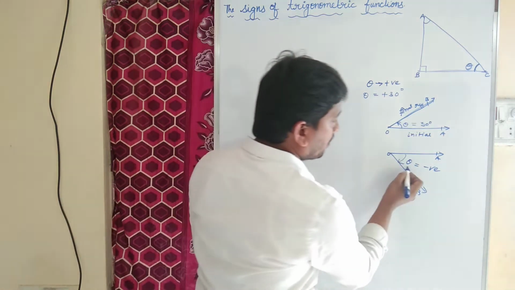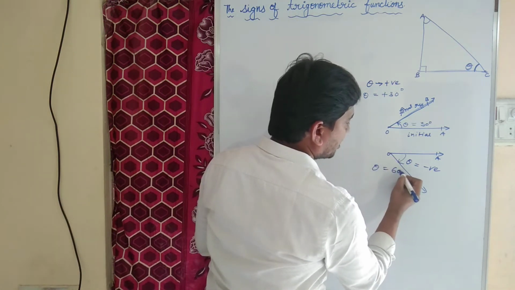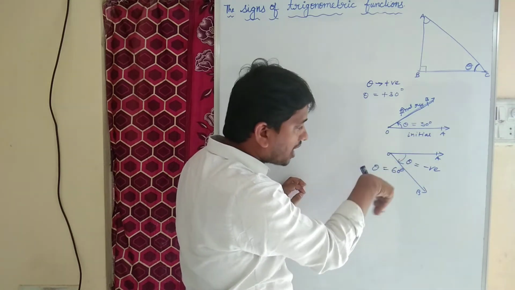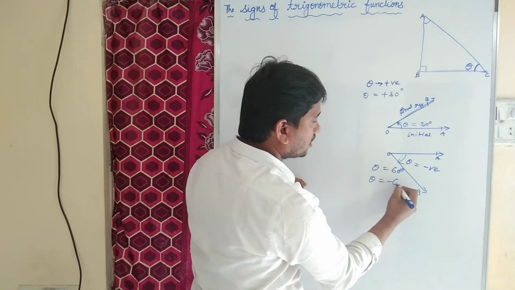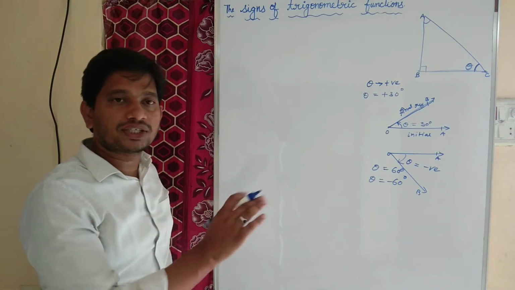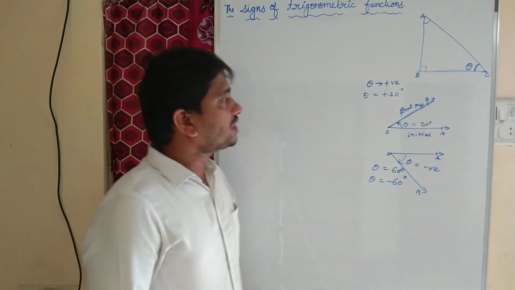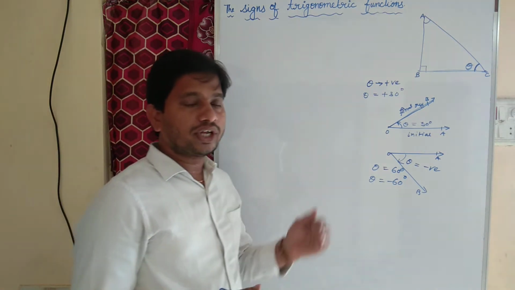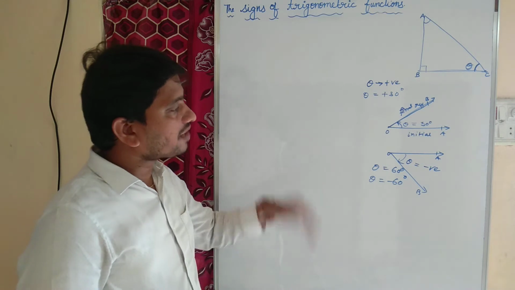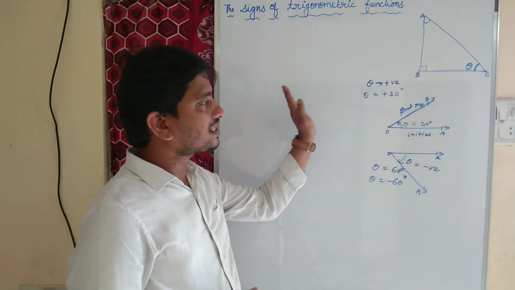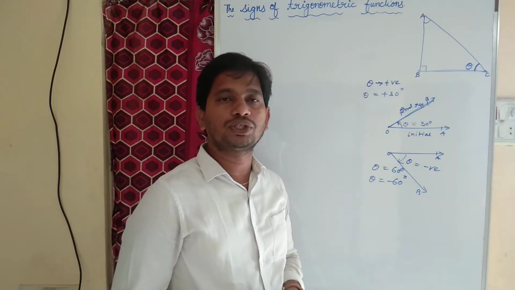For example, here theta is equal to 60 degrees, but because theta is in clockwise direction, theta is minus 60 degrees. Students, did you understand the difference between positive angle and negative angle? When the initial ray rotates towards clockwise direction, theta value is negative. When the initial ray rotates towards anti-clockwise direction, theta will be positive.